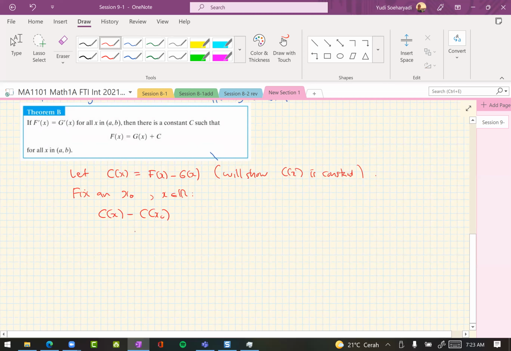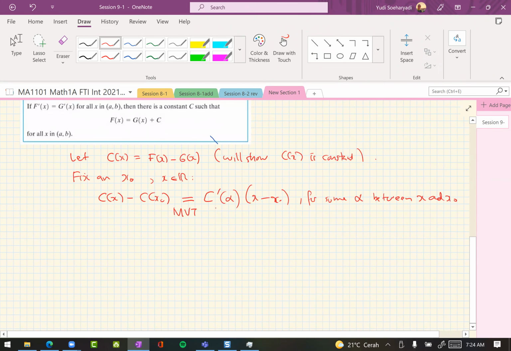By the mean value theorem, that is MVT, that tells you that this must be C prime, not really at x, but at some alpha times the difference, x minus x naught, for some alpha between x and x naught.